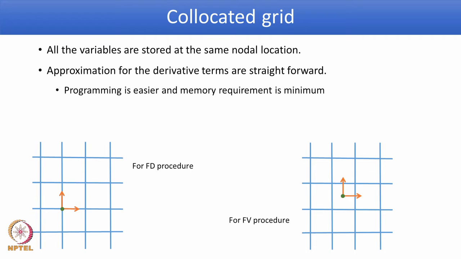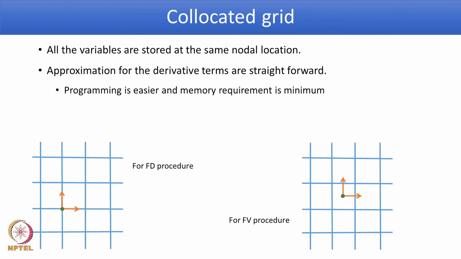Let us say, for example, you are trying to find the first derivative ∂u/∂x or the pressure ∂p/∂x. Both ∂u/∂x and ∂p/∂x appear in the u momentum equation, and for both you need to find the derivative.